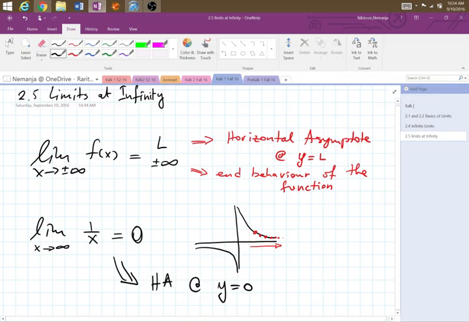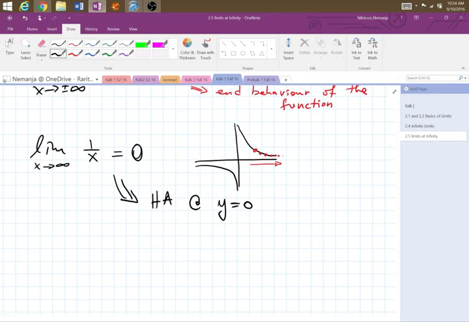Okay, let's take a look at another function here. How about the limit as x goes to infinity of e to the negative x? What do we get here? 0.